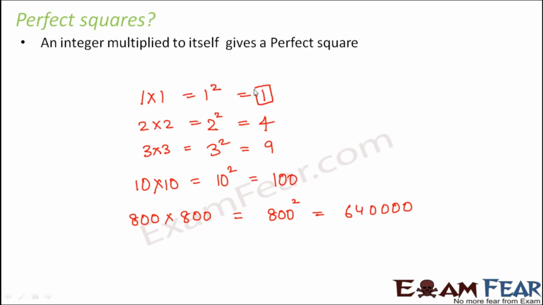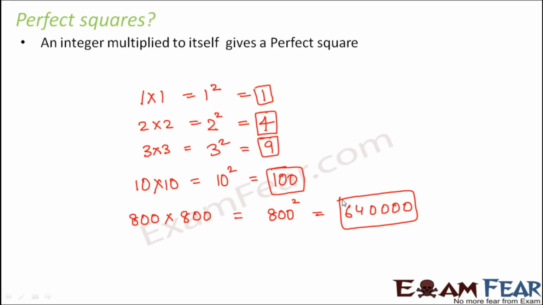Whenever you talk about a number which is obtained by multiplying an integer with itself, that number is called a perfect square. Now the question is, why have we given this name perfect square? Because we have so many numbers, right? Here we see some examples like 1, 4, 9, 16, 100, 640,000 and so on.